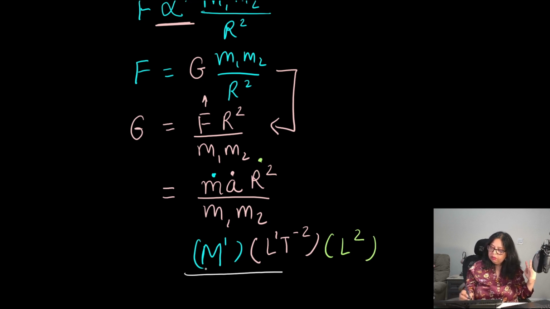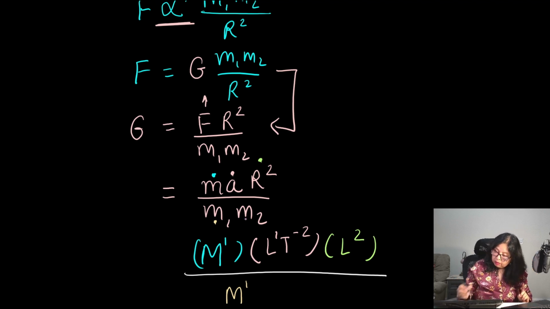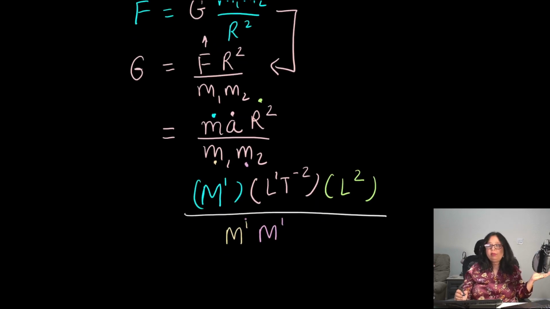Very well. Divided by m1, this is M to the power 1, times, here I have m2. And the dimensional formula of m2 will also be just M1.